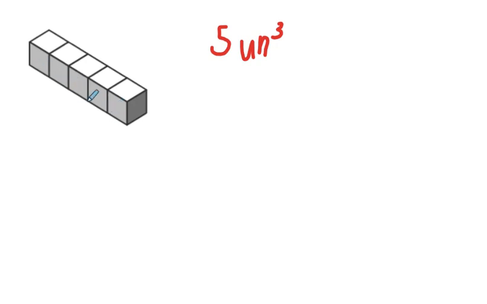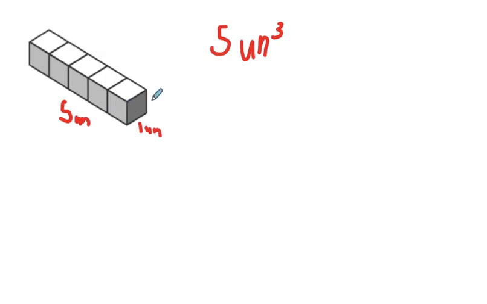And if we look here, we have something called a length, we have something called a width, and we have something called a height. So if I count how many are going on this length, which is 1, 2, 3, 4, 5, this side is 5 units long. And if I look here, this is 1 unit wide.